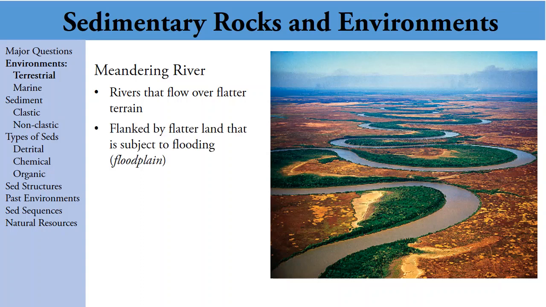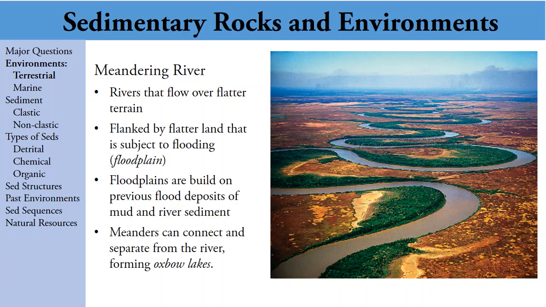One other feature they can have, and I'll jump around for a second because I really like to talk about oxbow lakes, is oxbow lakes. If you look at this picture, there's this area in the image that I want to highlight, the central part right here. Older meandering rivers will have lots of oxbow lakes immediately off to the side.